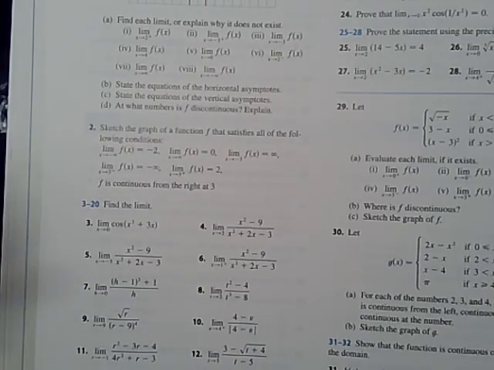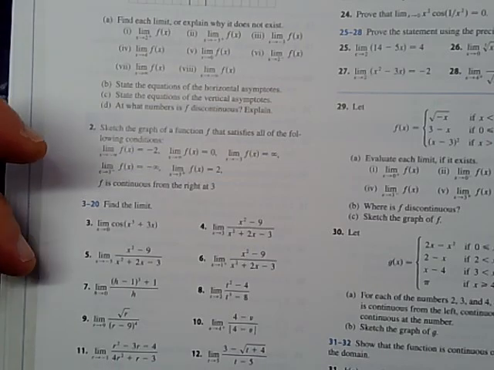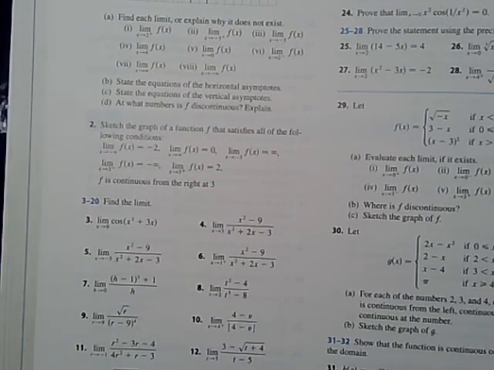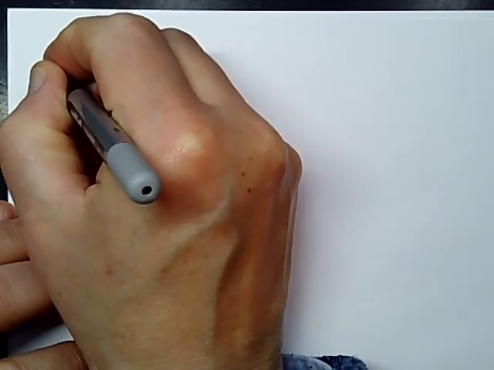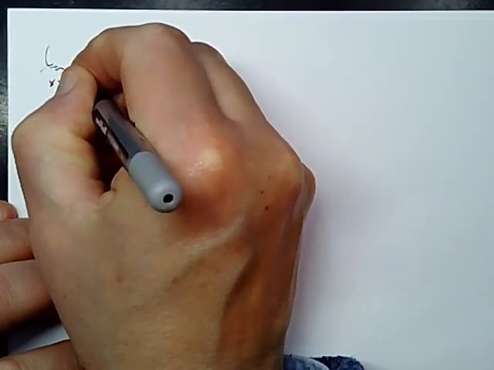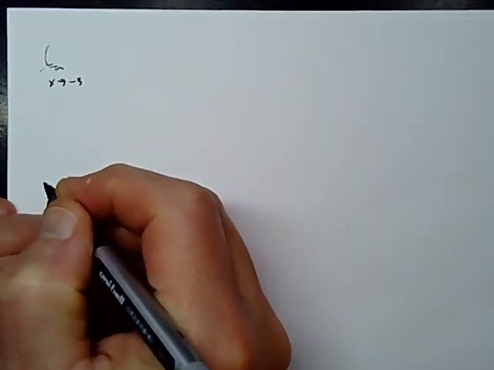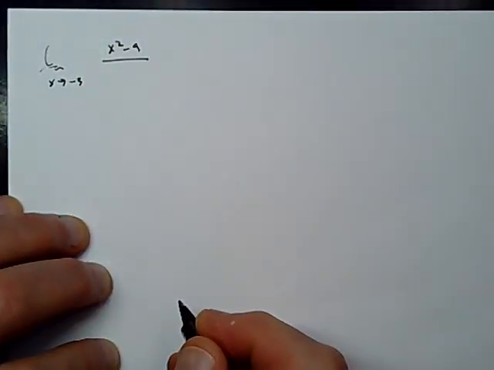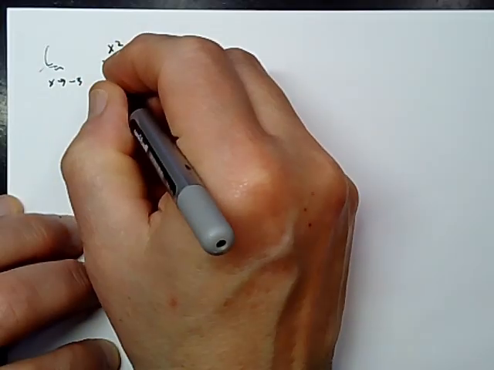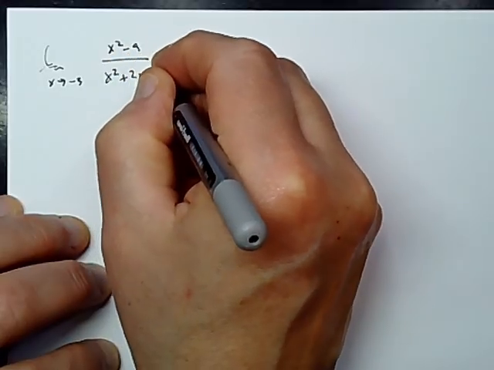So the limit as x goes to minus 3 of x squared minus 9 over x squared plus 2x minus 3. I'll copy that to my paper.